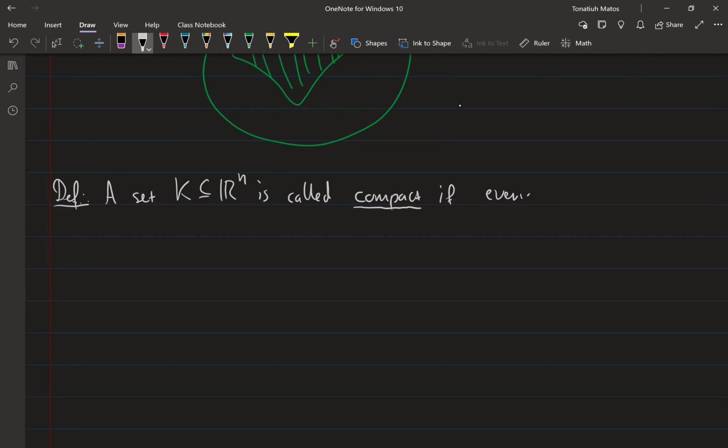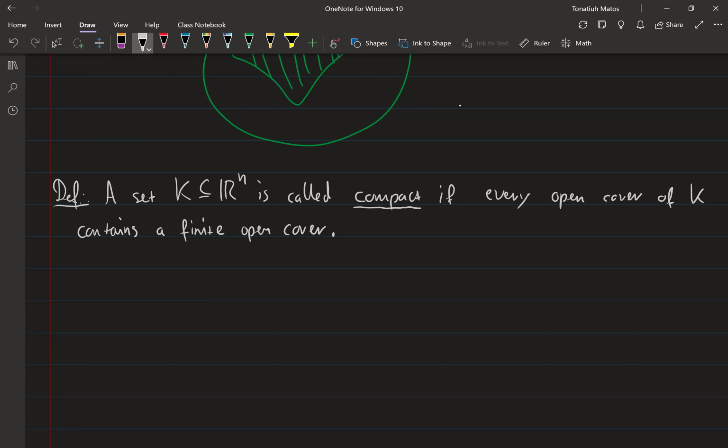Every, and this might seem a bit absurd or nonsensical, I will explain this in a second, every open cover of this set contains a finite open cover.